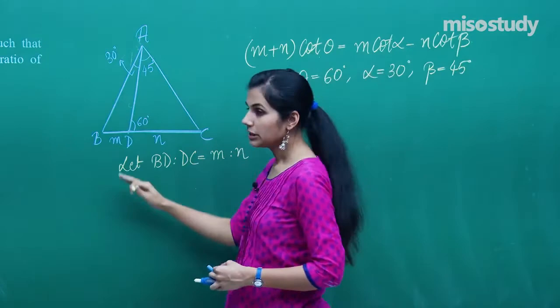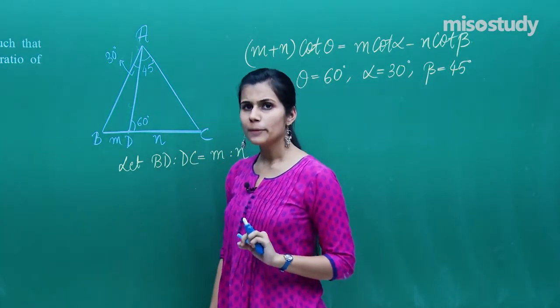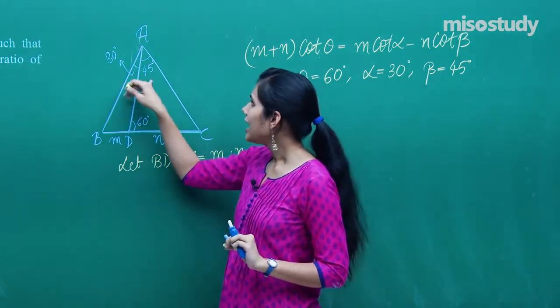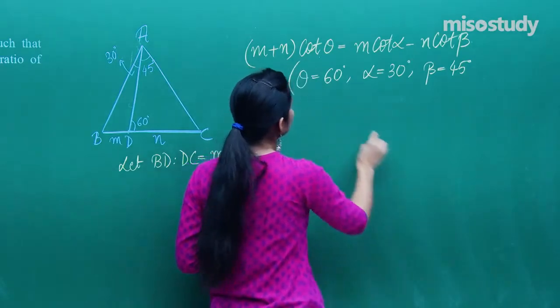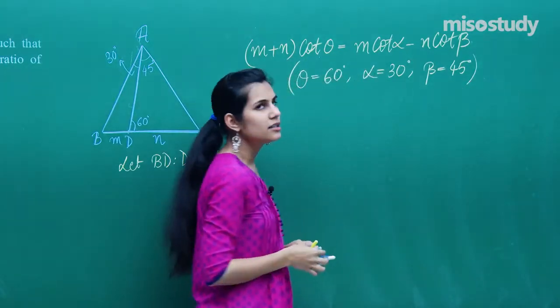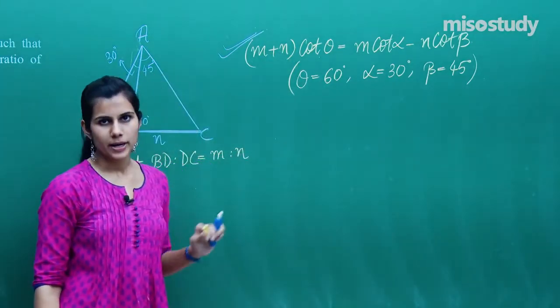Isn't this diagrammatic approach completely tallying with the cotangent rule approach? Theta is given, alpha is given, beta is given. And therefore, incorporate the values of theta, alpha, beta in the formula of cotangent rule. We are going to get our ratio of M by N.